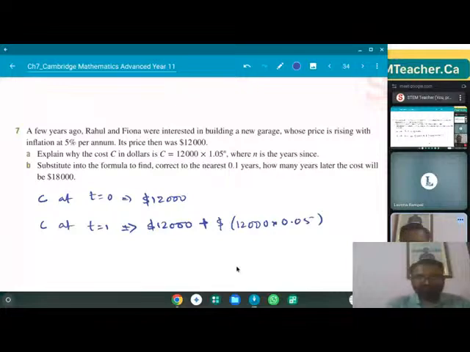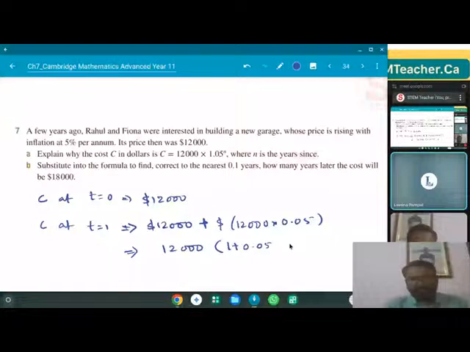Is it clear? If I take 12,000 common, it is 12,000 into (1 plus 0.05), which equals 12,000 into 1.05.